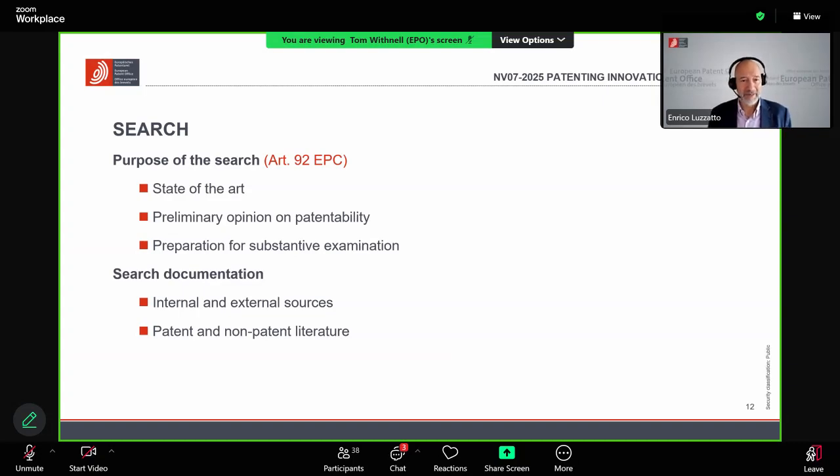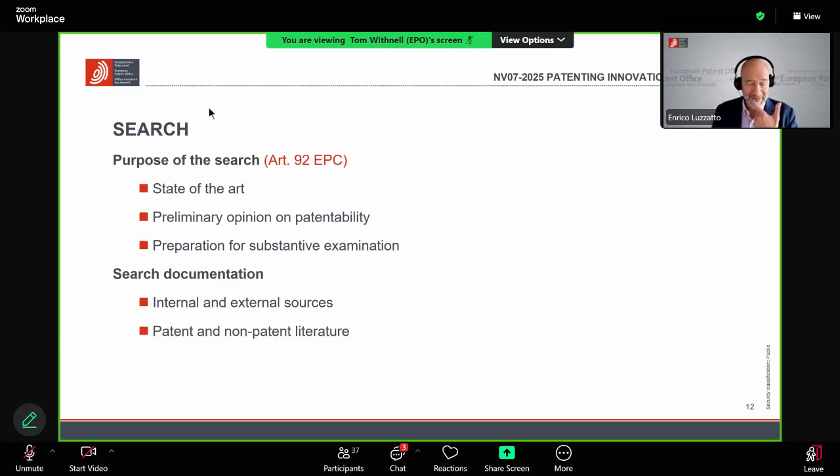The search examiner and the TPO, their two colleagues, will provide a first opinion based on the documents the search has retrieved. Where do examiners look? Well, Arthur will tell you more, but we have internal, external sources. Any document may be part of the state of the art. And Arthur will tell you more about the state of the art and what this exactly means. And of course, especially in certain fields, non-patent literature plays a major role.